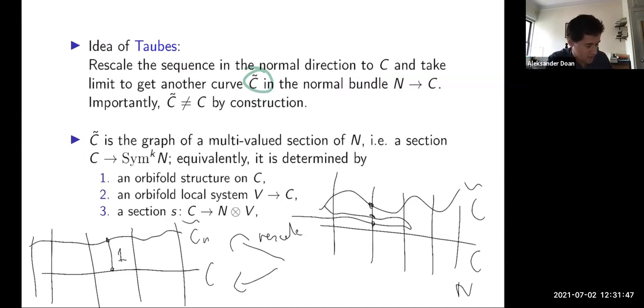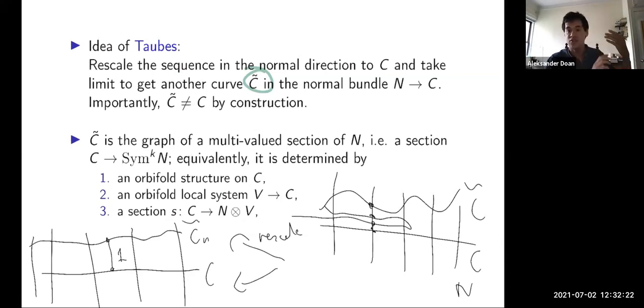So the section associates to this point in C, the points lying in the fiber, the intersection of the fiber with C twiddle. So you can think of this section as the section of some symmetric power of the normal bundle. Or equivalently, such a section will be determined by a choice of an orbifold structure on C, a choice of an orbifold local system, and a section of the normal bundle twisted by this orbifold local system.